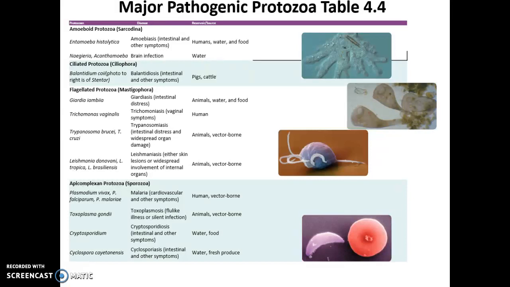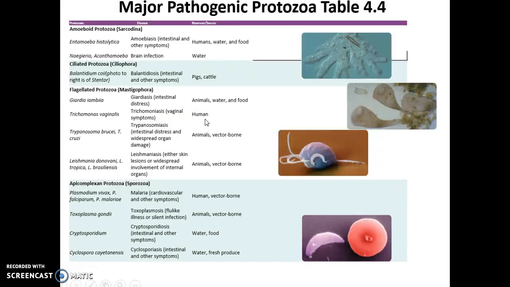Then there are the flagellated protozoa, which means they have flagella. And Giardia lamblia causes giardiasis, intestinal distress. The reservoirs are animals, water, food, so streams again, maybe even hot springs. Trichomonas vaginalis is considered an STI, and the reservoir is humans.